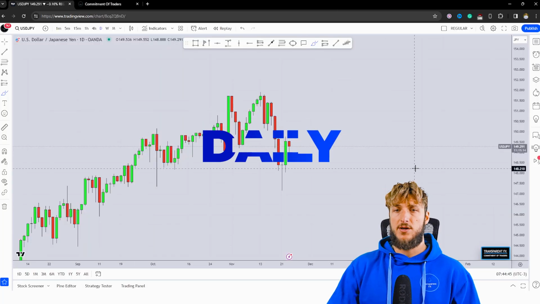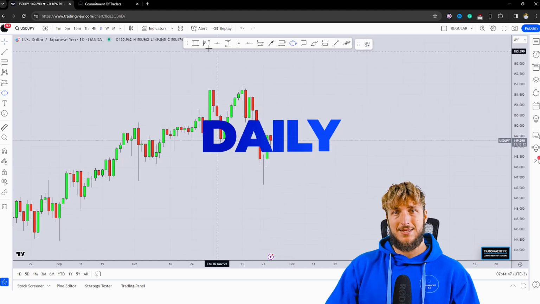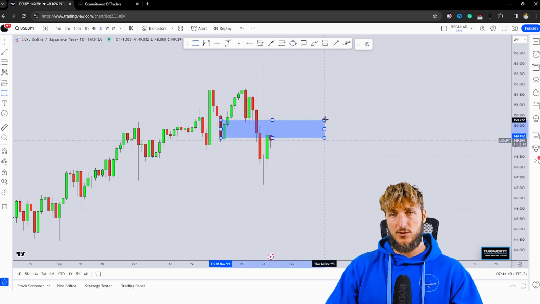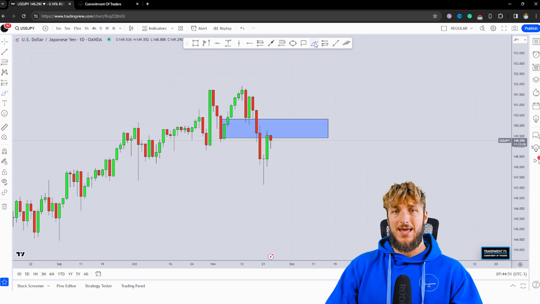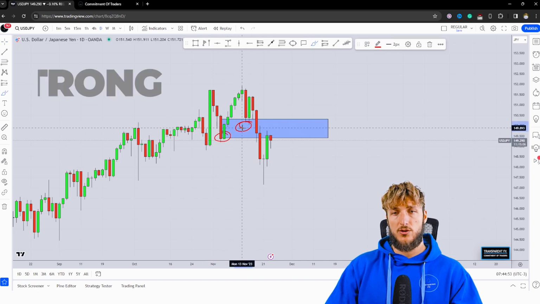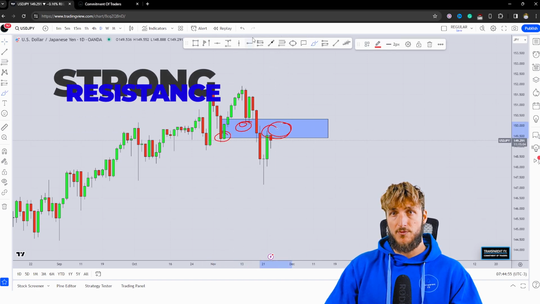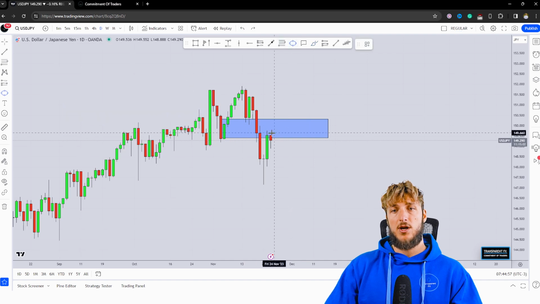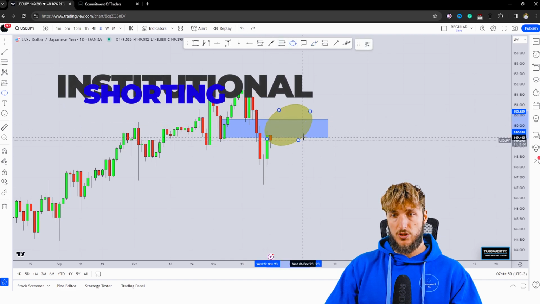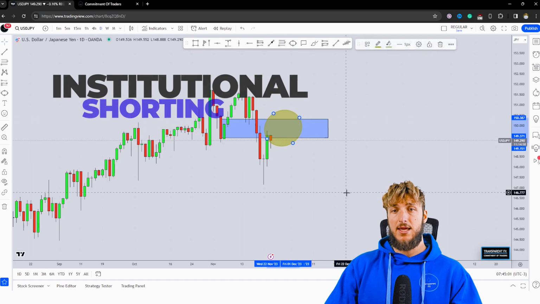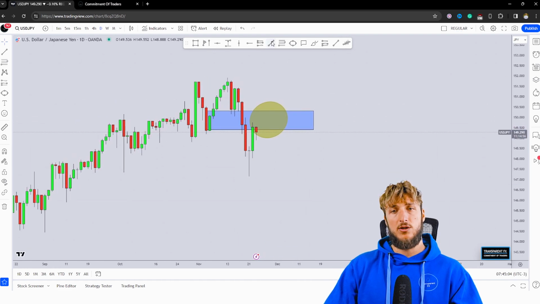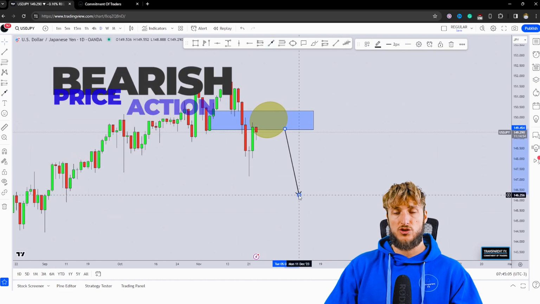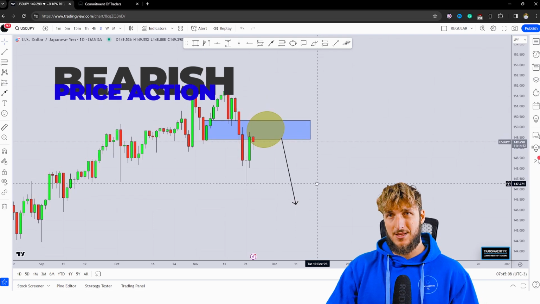So what this means here is that there is definitely the possibility, since this area from a technical perspective here on the daily time frame is previous daily support turn resistance, at this level, we could expect inside of here more institutional shorting of USDJPY. Now, if that will happen, that would definitely increase the probabilities of a potential rejection to the downside away from this level.